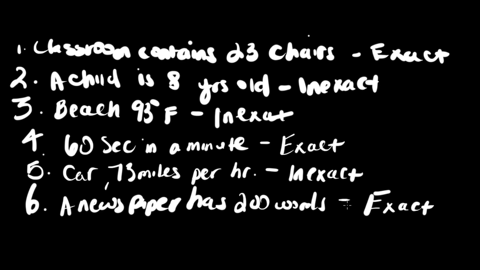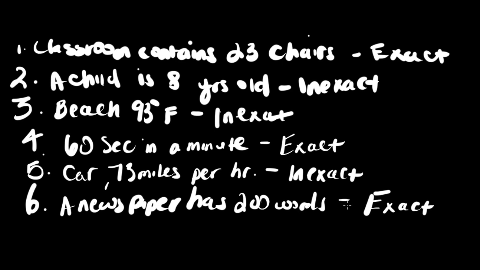So let's just sum it up. It's impossible to make an exact measurement when measuring something, so there's always going to be some uncertainty to it.